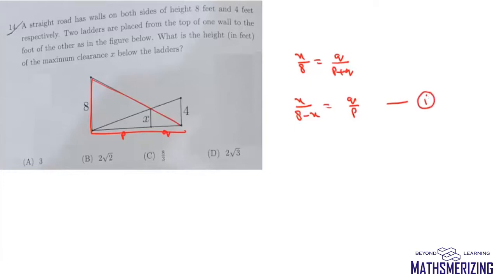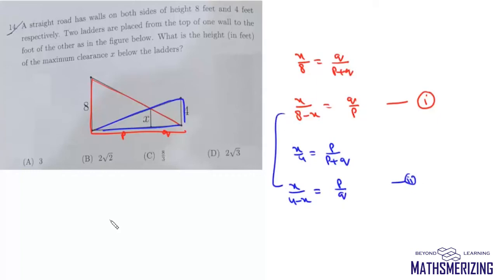Then, the same way for this triangle, we can write x upon 4 equals p upon p plus q, or x upon 4 minus x will be equal to p by q, and that's our second equation. Now if we multiply them, we can write x square upon (8 minus x) into (4 minus x) will be equal to 1.